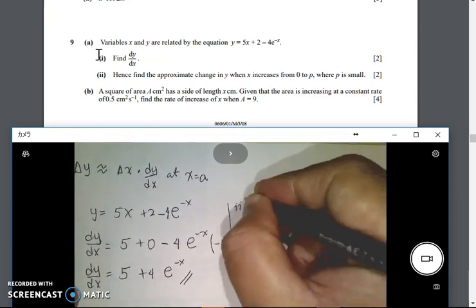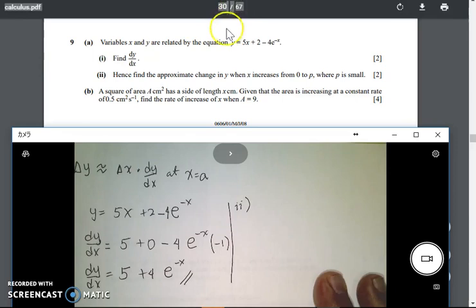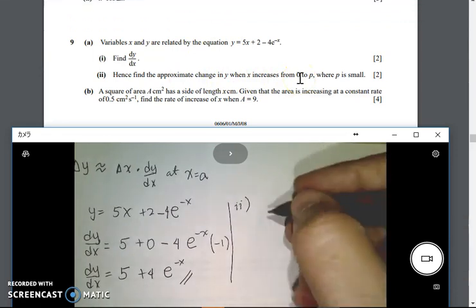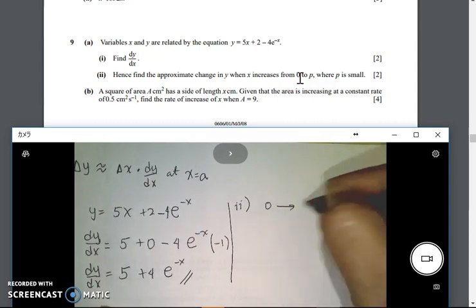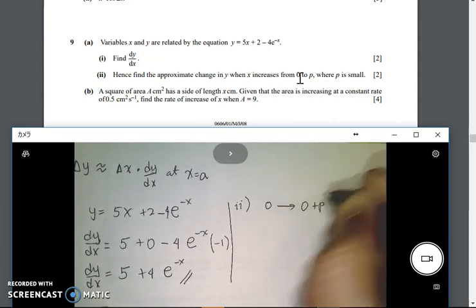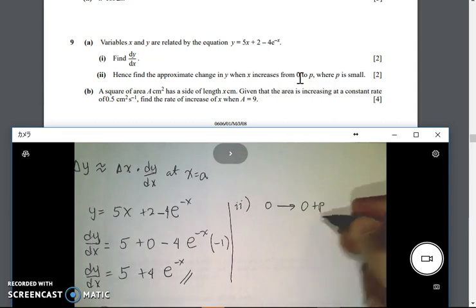Part 2 says, hence find the approximate change in y when x increases from 0 to p. So x increases from 0 to 0 plus p. This is the change in x.